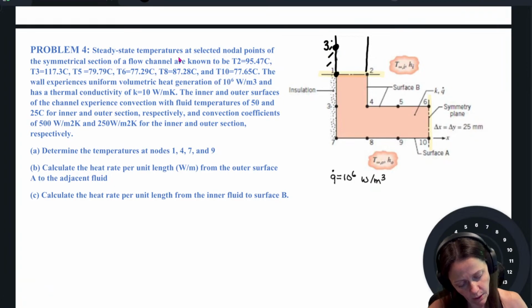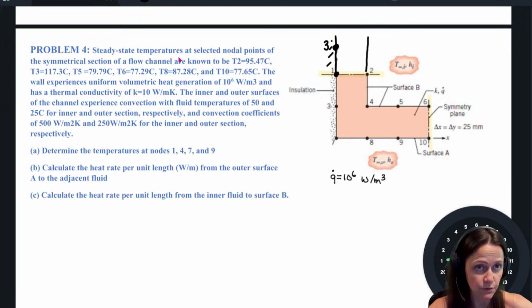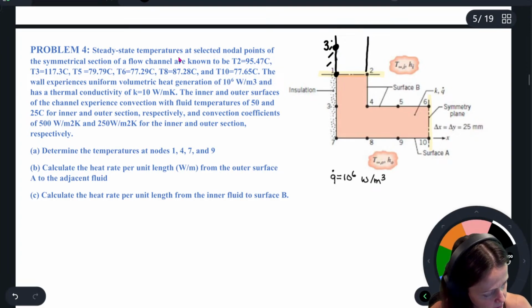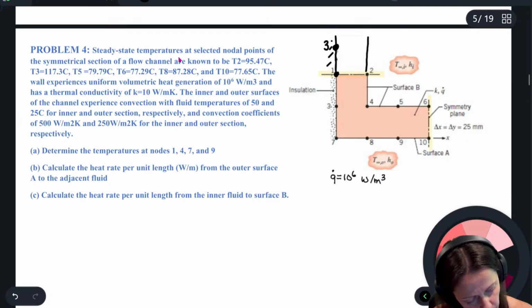And then we've got convection on the top and the bottom, on the inner surface and on the outer surface. Inner surface is at the top, and that's 50 degrees Celsius.